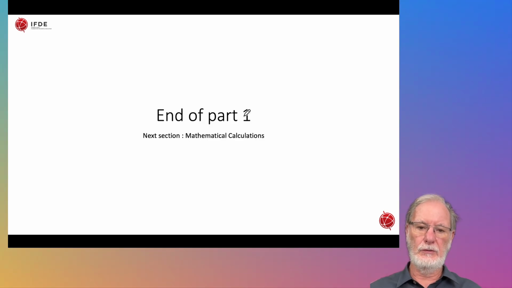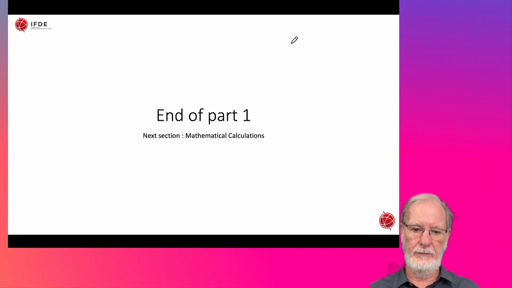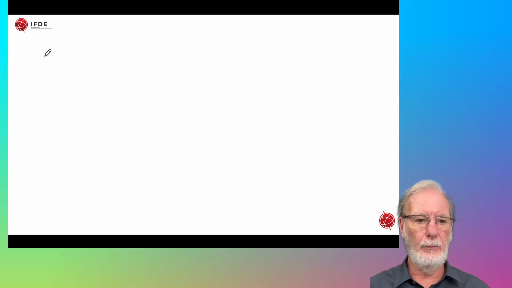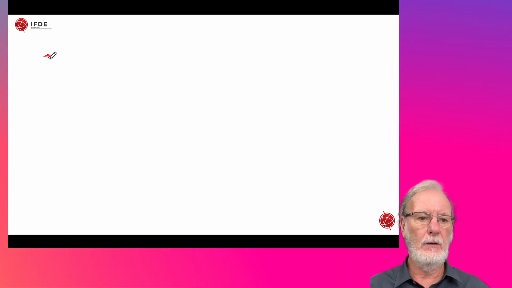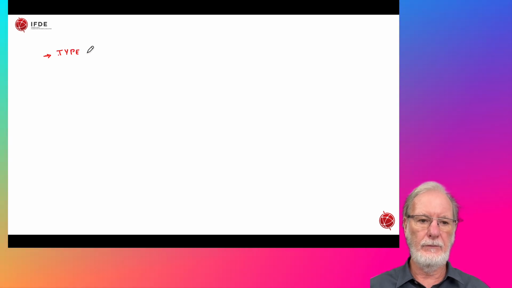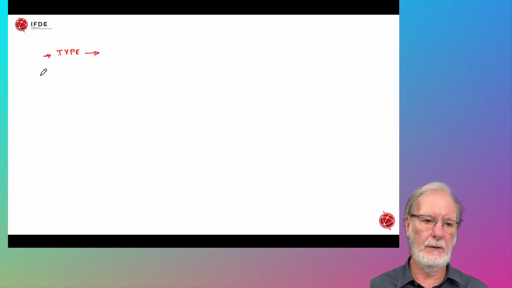I would just, in conclusion, make a point. There are many important aspects. One is the type of material you'll be using. Very important. Which is the modulus of elasticity. Remember that?